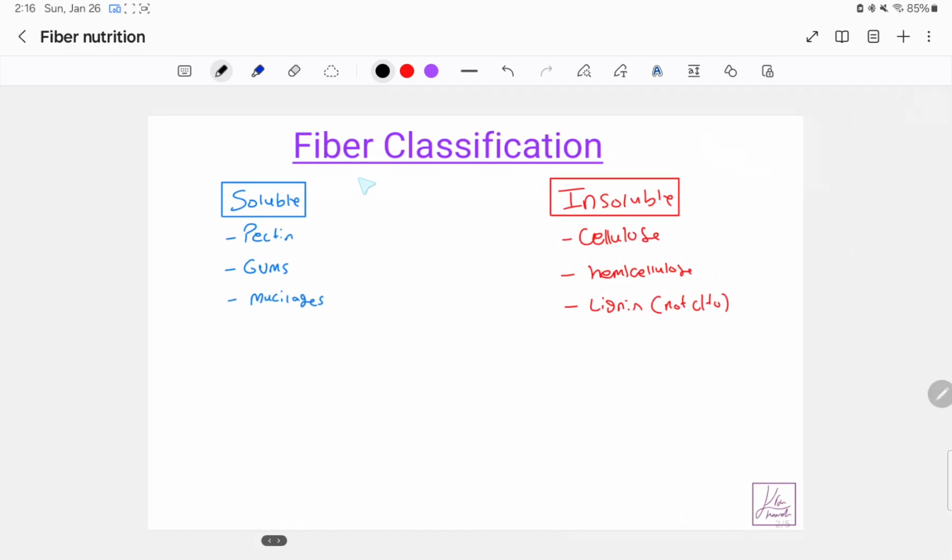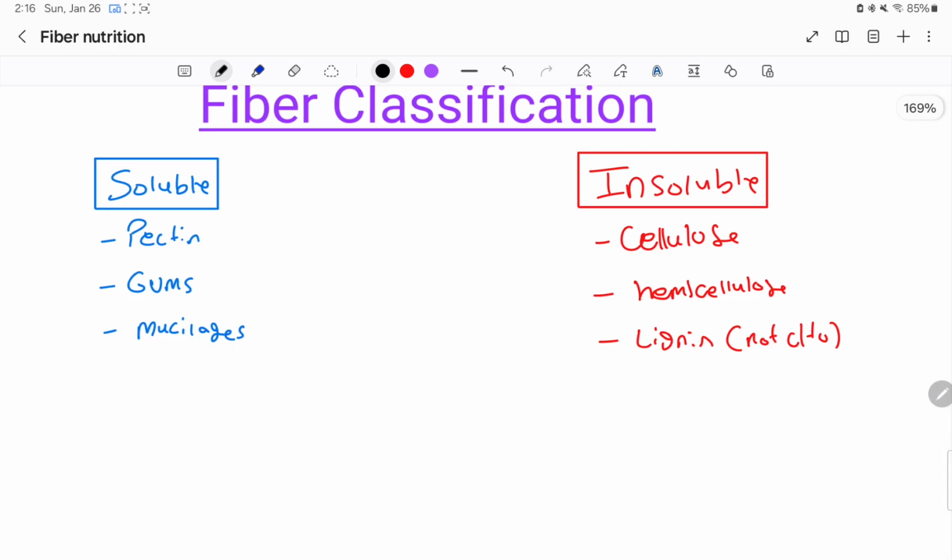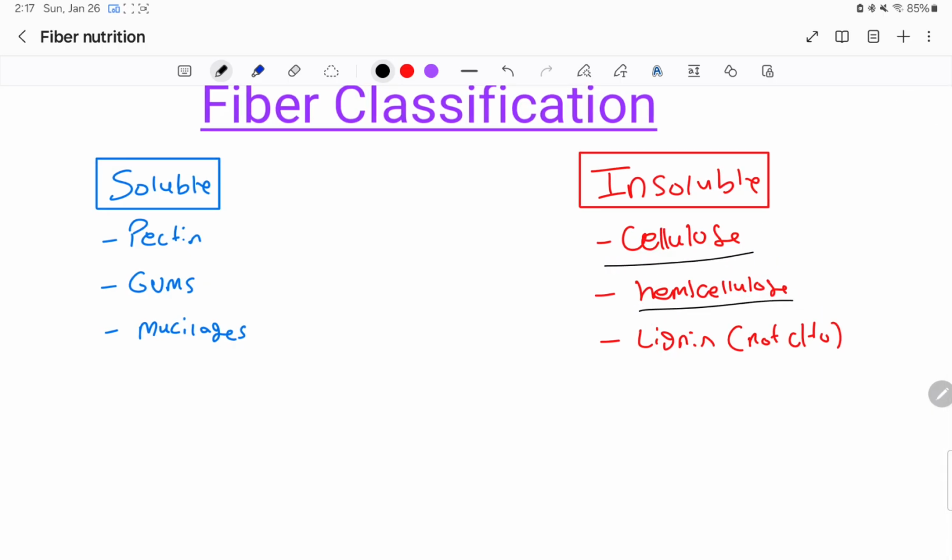Another way of classifying fibers is into soluble and insoluble. What do I mean by that? I mean soluble or insoluble in water, because that's going to determine their specific function. For example, pectins, gums, and mucilages are going to be soluble in water. The insoluble ones are going to be things like cellulose, hemicellulose, and lignin.